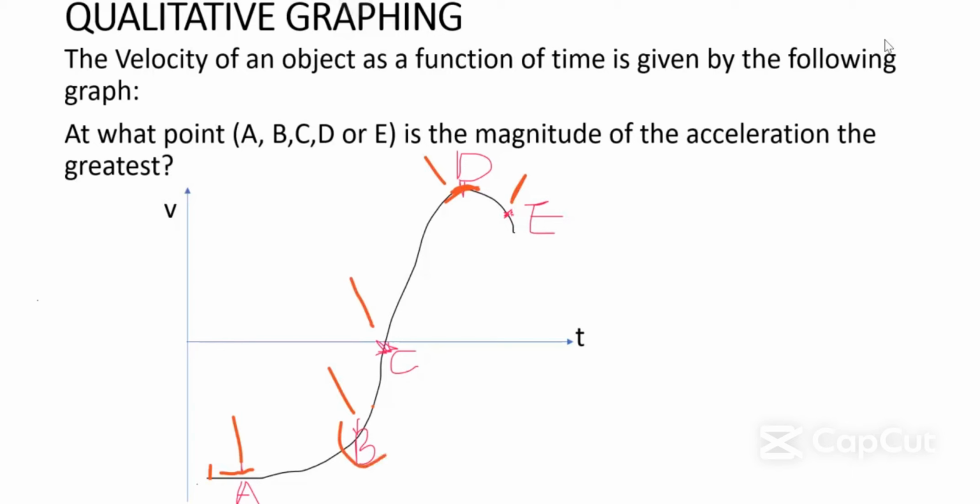For B and E, B has a small positive slope, the curve is a little bit small, and E has a negative slope change. But C has the greatest acceleration. So in this graph, C has the greatest magnitude of acceleration.